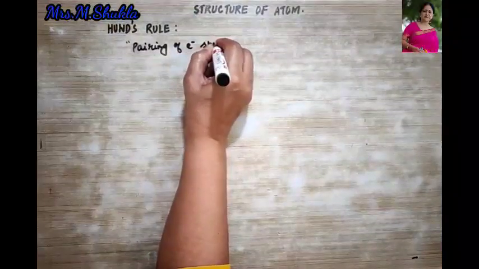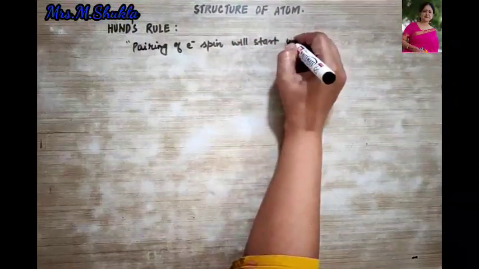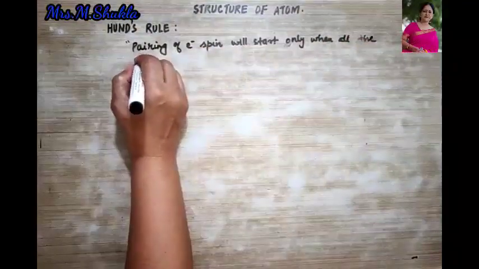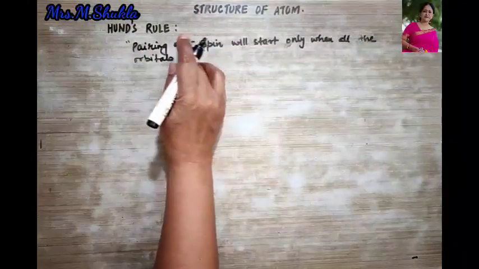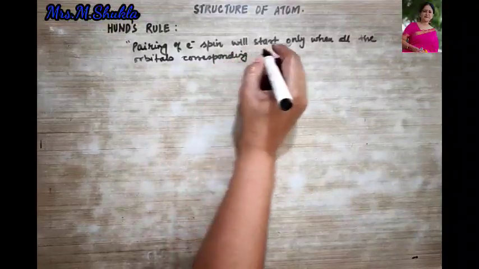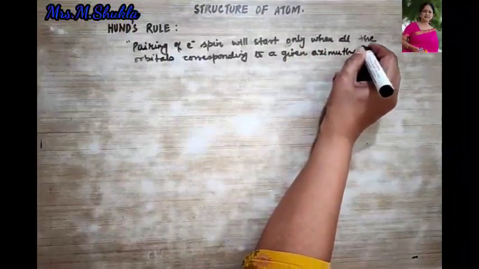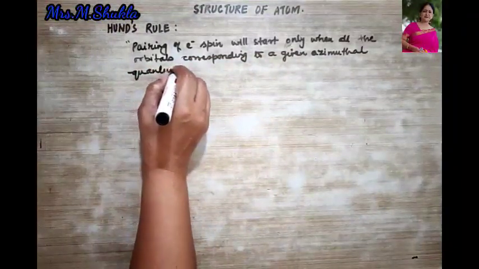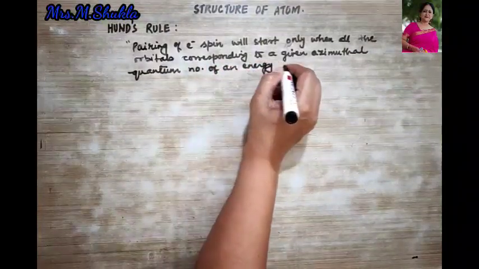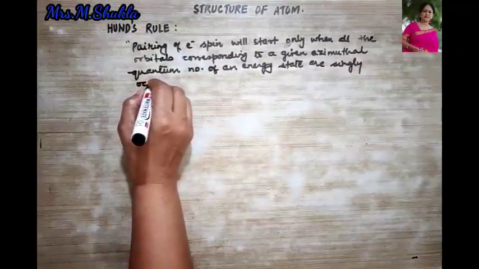of electron spin will start only when all the orbitals corresponding to a given azimuthal quantum number of an energy state are singly occupied.